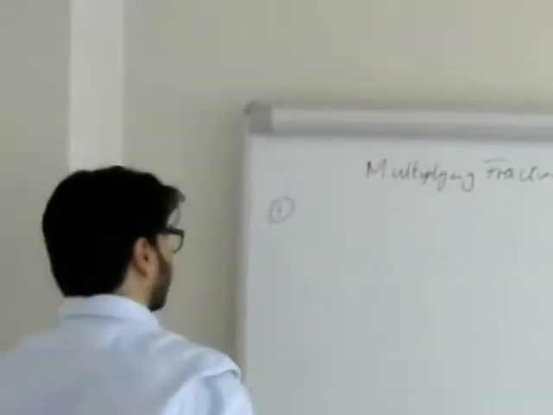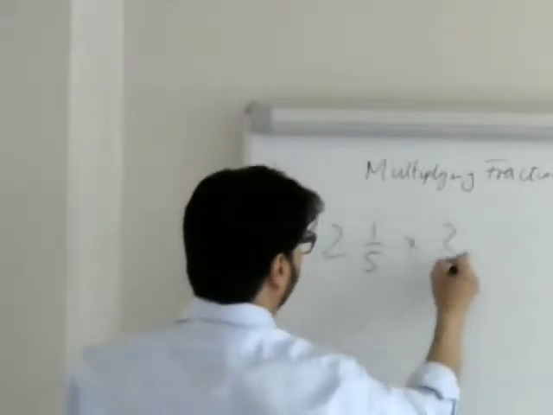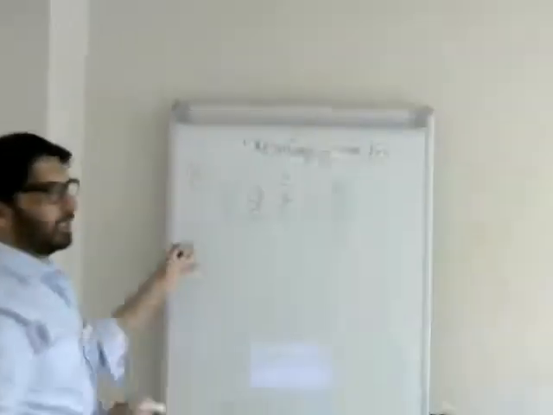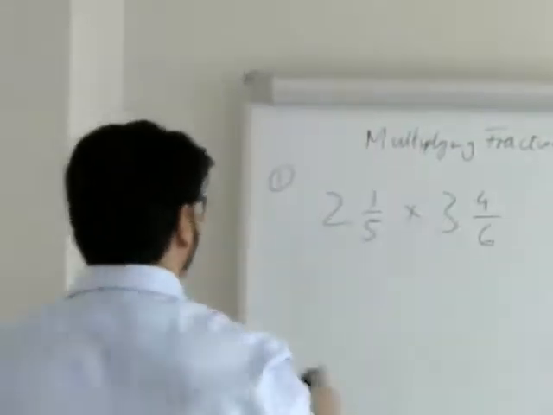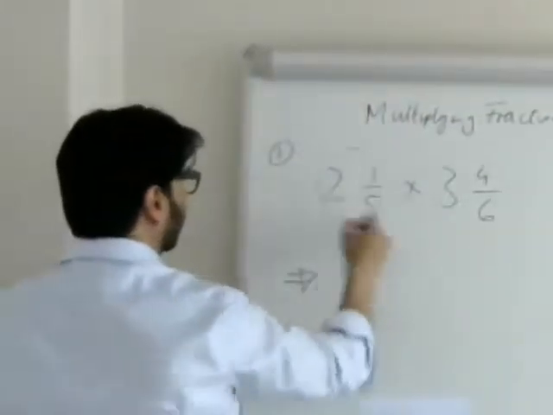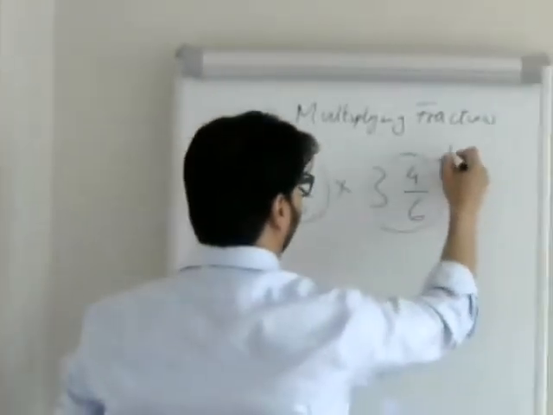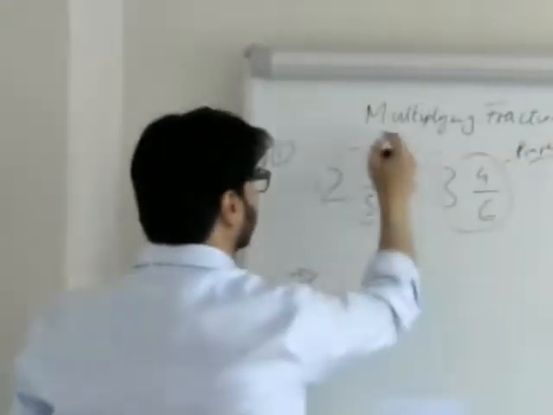Say we have 2 and 1/5 multiplied by 3 and 4/6, for example, and you get a question and you are asked to multiply it. So how are we going to multiply this? So these are mixed numbers.